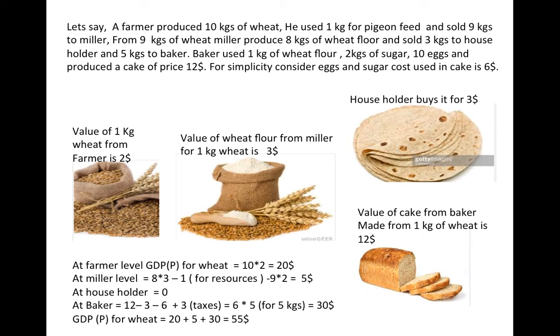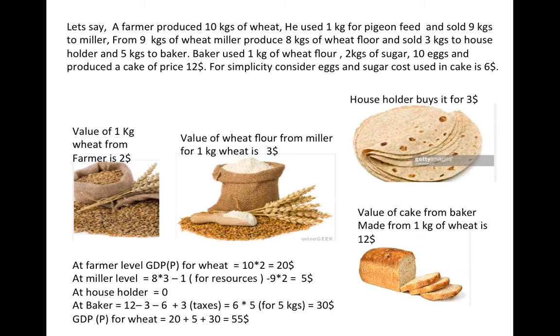At baker's level, he used 1 kg of wheat in one cake, and the price of the cake is $12, which is 12 into 1, 12 minus 3, which is the resources he consumed for preparing the cake, minus 6.